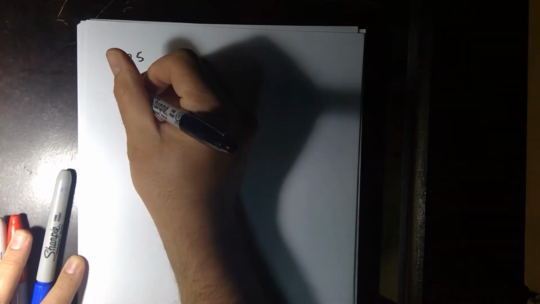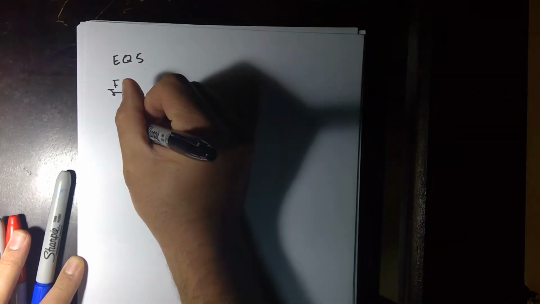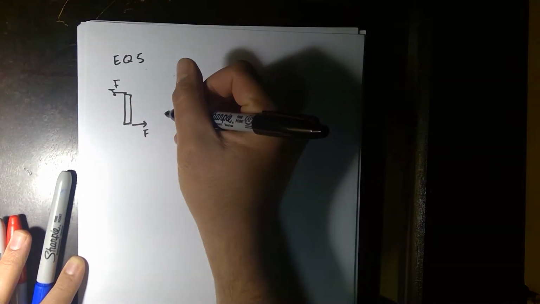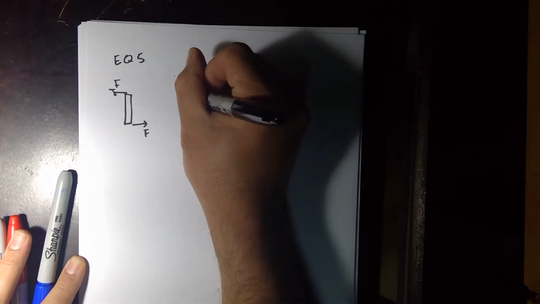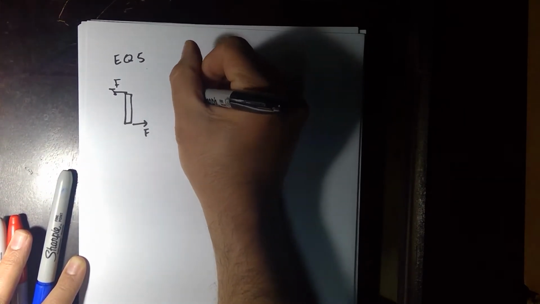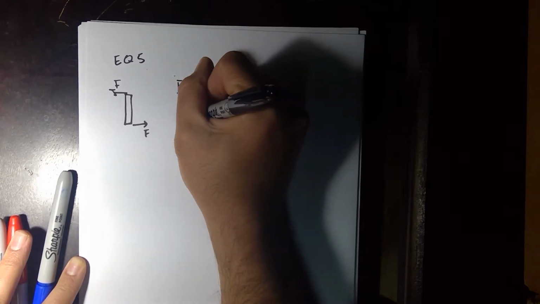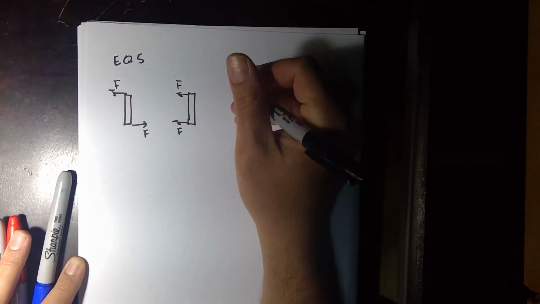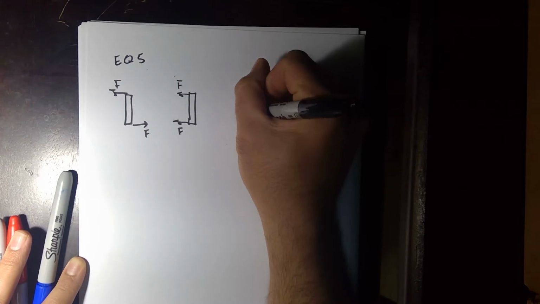So when you're looking at the first figure, you've got 2 forces here. Those are their respective directions. Next figure, here's our forces. Next figure, we have 3 forces.